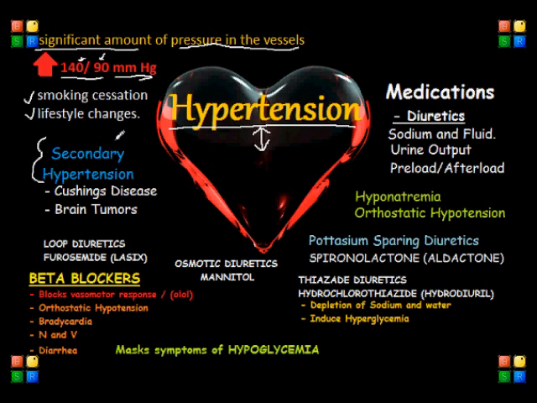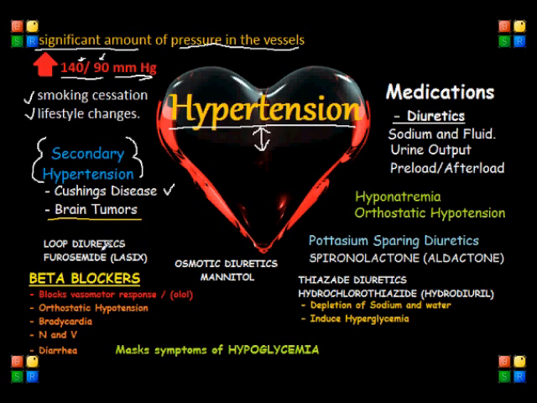And with secondary hypertension, it's usually caused by other diseases such as Cushing's disease. Now, we all remember that Cushing's disease is basically due to our patient having too much glucocorticoids, right? Now, another cause of secondary hypertension could be due to brain tumors or pheochromocytoma, right?